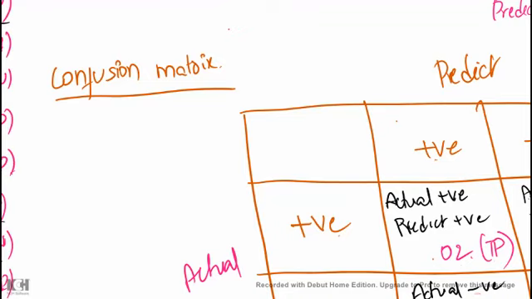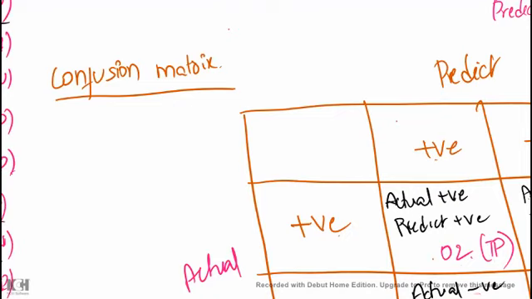We can't take them as normal. They're not like body pain tablets, multivitamins, or calcium tablets. The cancer tablets are more dangerous. If you don't have cancer and you take cancer tablets, it is going to impact the entire body. So here, FP is also equally important.